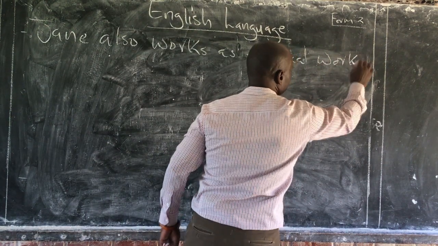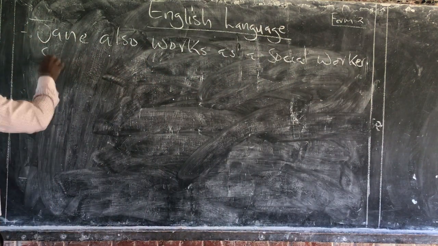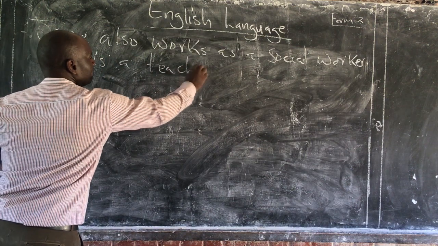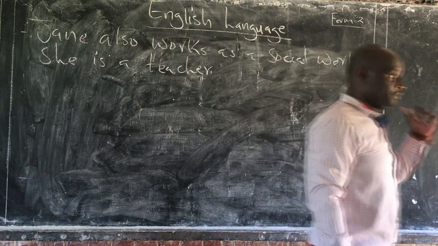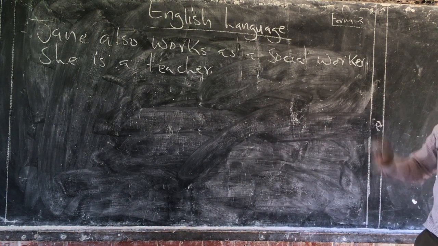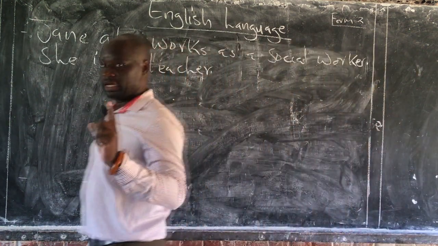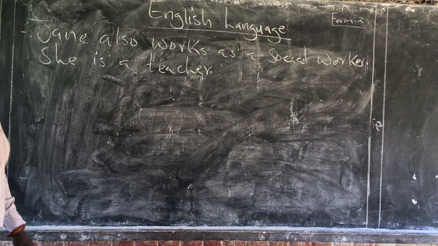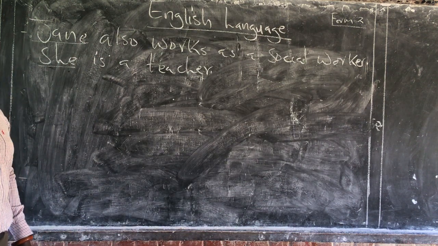Full stop. The second one is: she is a teacher. If you have that pair of sentences and they are asking you to join them, first of all, identify the shared nouns in them. So we have Jane and she. These ones are the same.